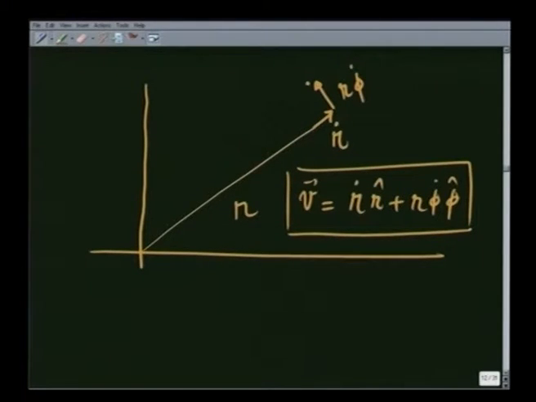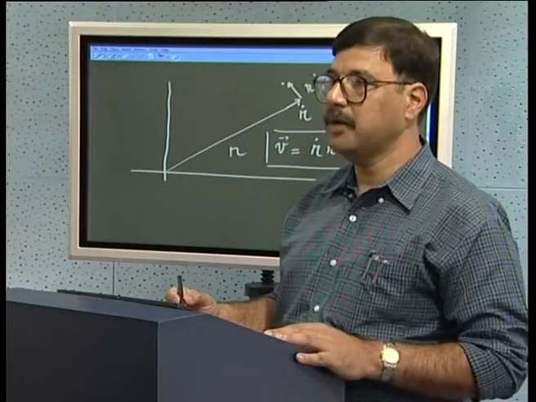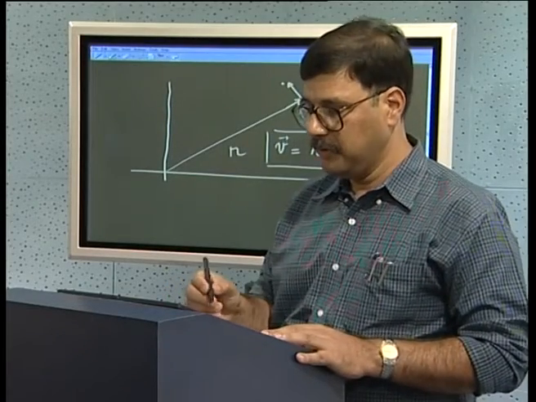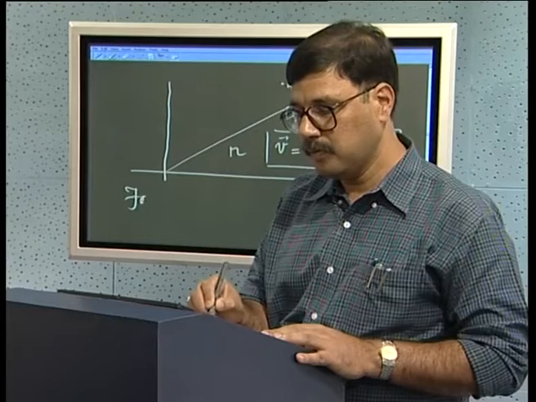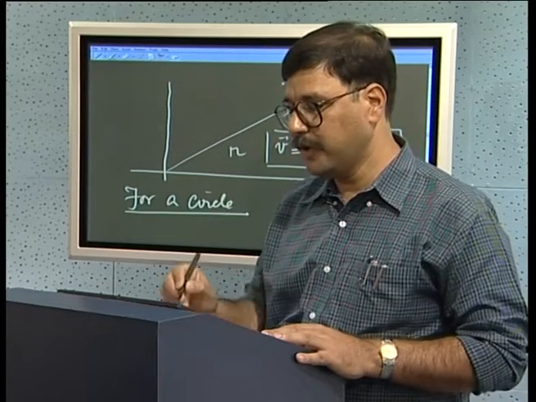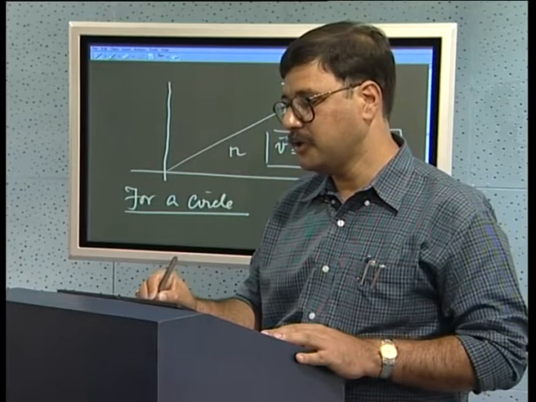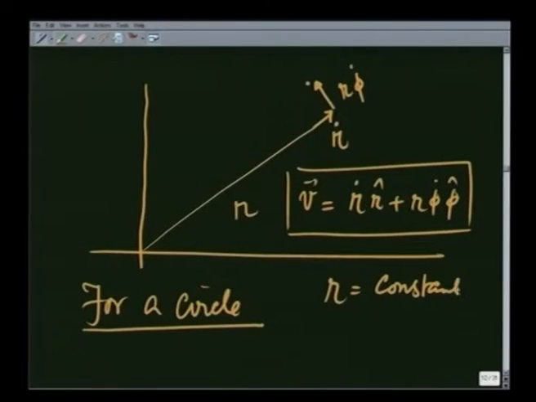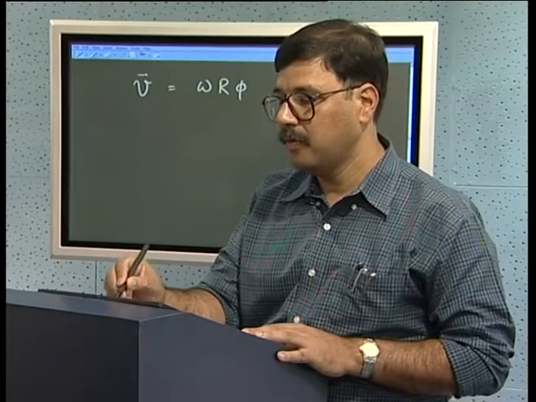To make it look more familiar, let us look at a particle which is moving around in a circle. If a particle is moving in a circle, r is a constant, and therefore r dot is 0 and phi dot is the angular speed, and therefore its velocity is going to be given as v is equal to omega r phi.